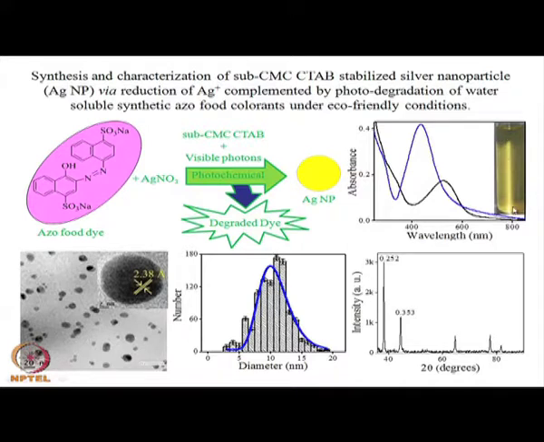This is the color of the nanoparticle, and this is the nanoparticle plasmon band. What is plasmon, I will come to that. This is the characteristic band for silver nanoparticles, and the diameter is of the order of 10 to 12 nanometer.